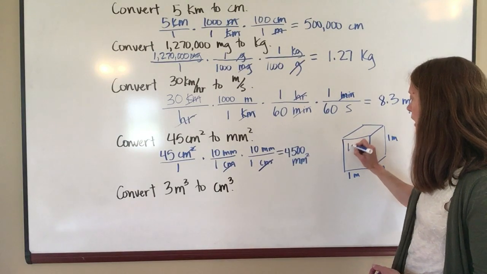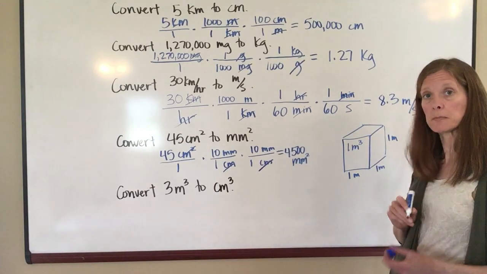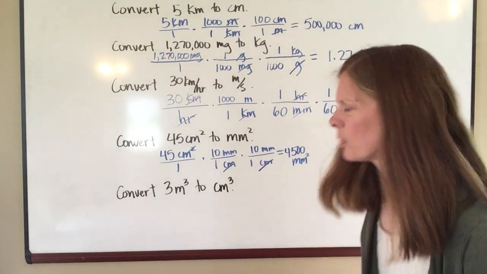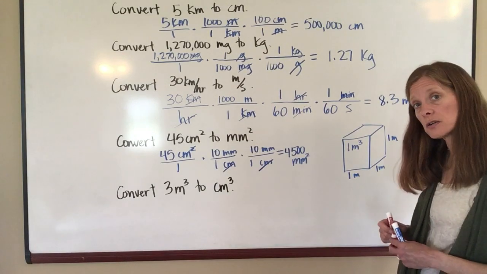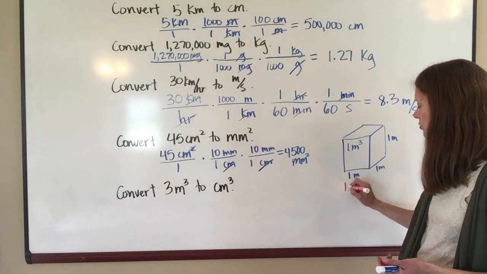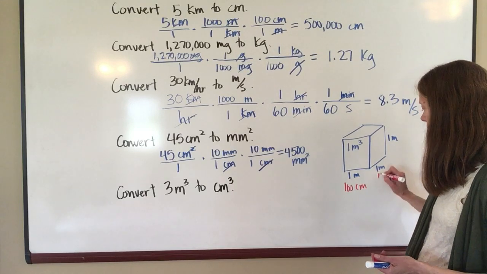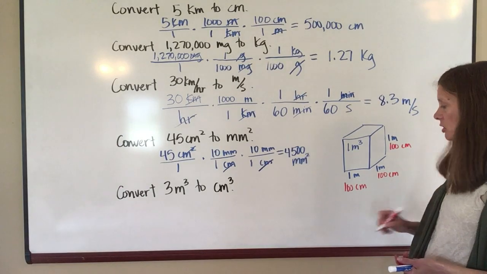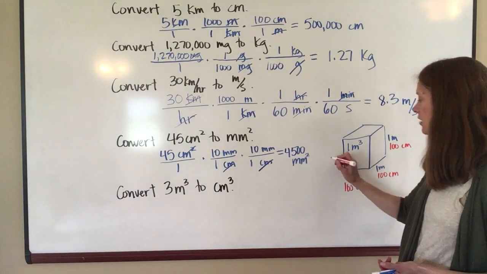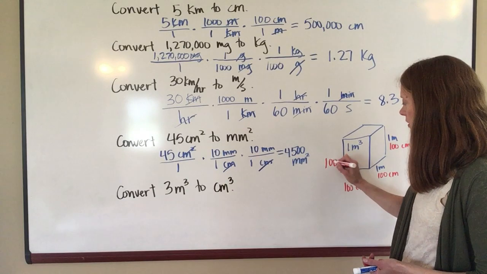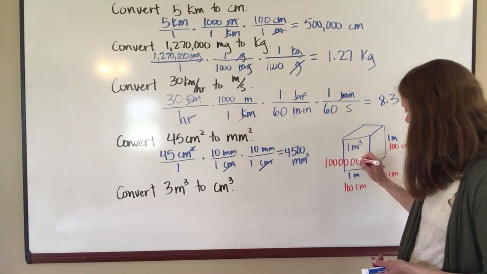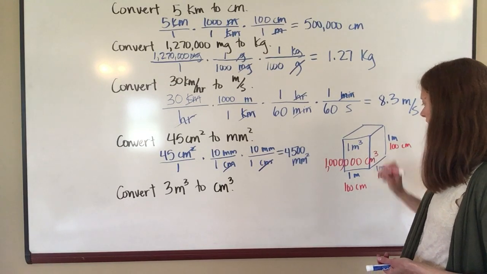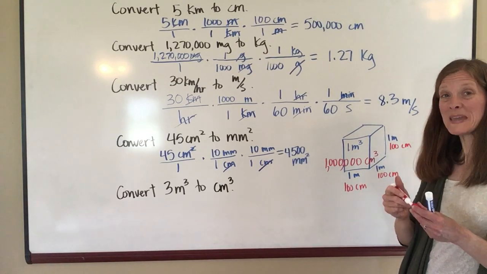So that means that the volume of this box is 1 cubic meter, right? Well, here I'm trying to convert cubic meters to cubic centimeters. How many centimeters are there in a meter? Hopefully you remember that there's 100. So this is 100 centimeters by 100 centimeters by 100 centimeters. So if I take 100 times 100 times 100, that's actually 1,000,000 cubic centimeters in a cubic meter.